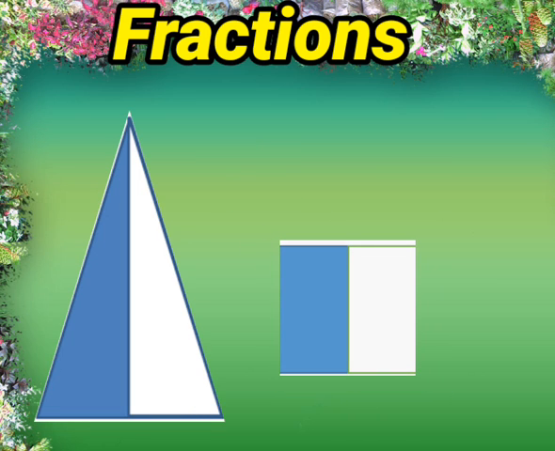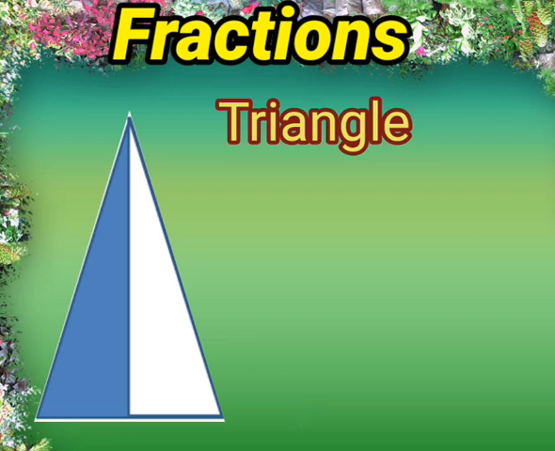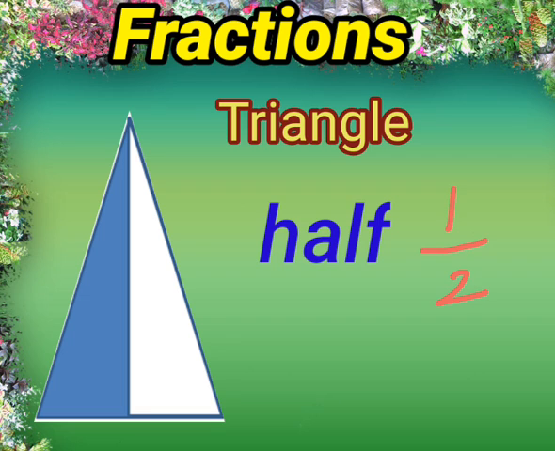Write the part shaded in words and figures. First, the triangle. Correct. I shaded half of this triangle. So write in words, half. And the shaded part fraction is 1 by 2. That is, out of two parts, one part is shaded.